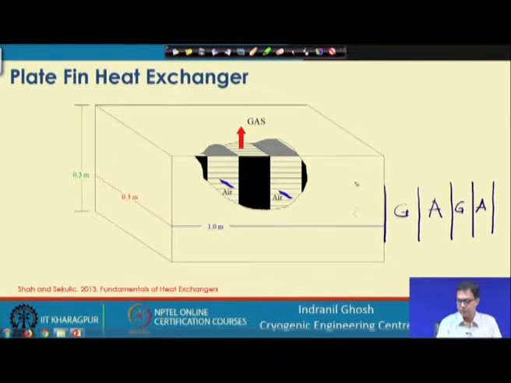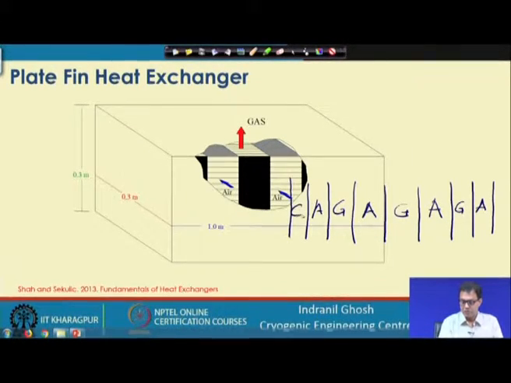Like that it will continue, air, then G, and so on. So the basic unit is gas and air, alternative layers flowing through.